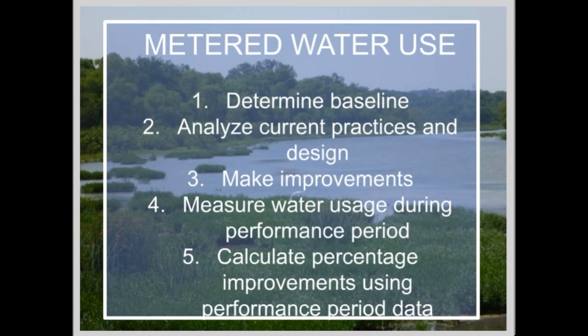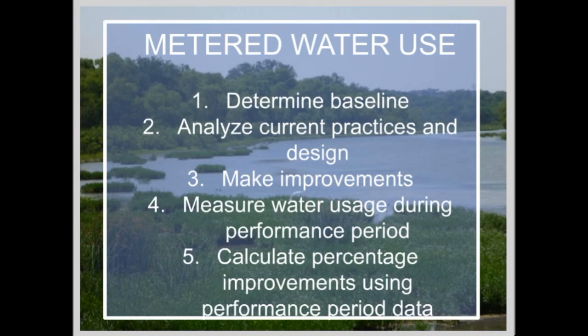The next step is to analyze current practices and design to determine where improvements may be made. This may include older fixtures with especially high flush and flow rates, fixtures in high-use areas, and fixtures with known maintenance issues. Project teams should determine which repairs or retrofits would yield the most water savings.